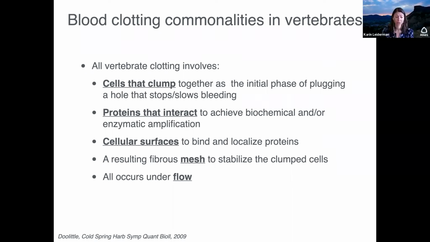Cellular surfaces are necessary to further many of these reactions, but they also help to localize the proteins to the site of injury by allowing the proteins to bind their surfaces and be used exactly where they're needed, right, at the site of injury. Then a fibrous mesh forms as a result of the chemical reactions, and the mesh stabilizes those clumps of cells. And all of this is occurring under flow.